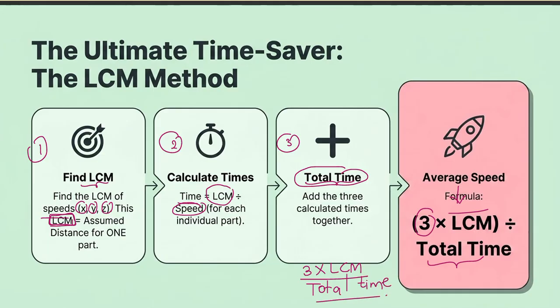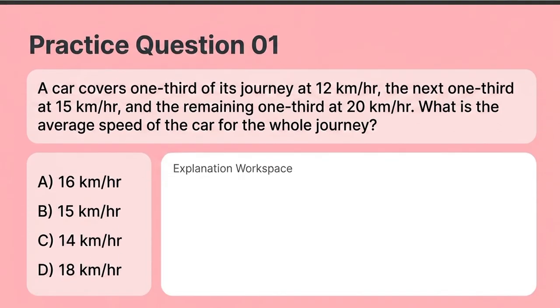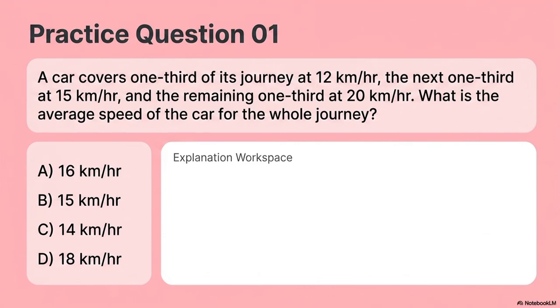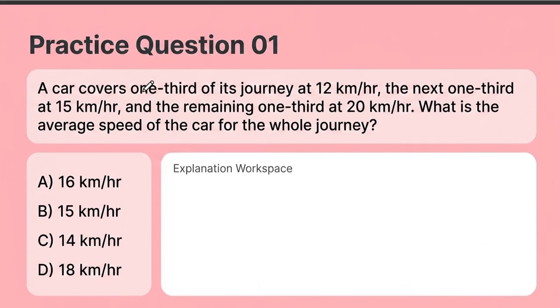So let's start with the examples. Look at the first question. A car covers one-third of its journey at 12 km per hour, the next one-third at 15 km per hour, and the remaining one-third at 20 km per hour. What is the average speed? The formula is 3 into LCM upon total time.